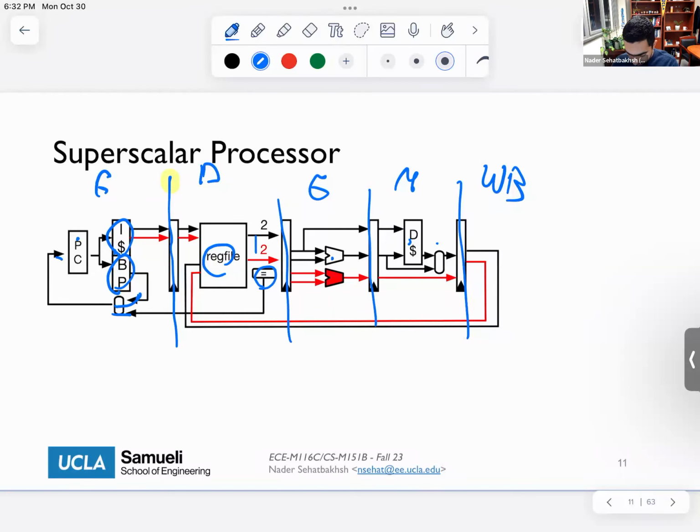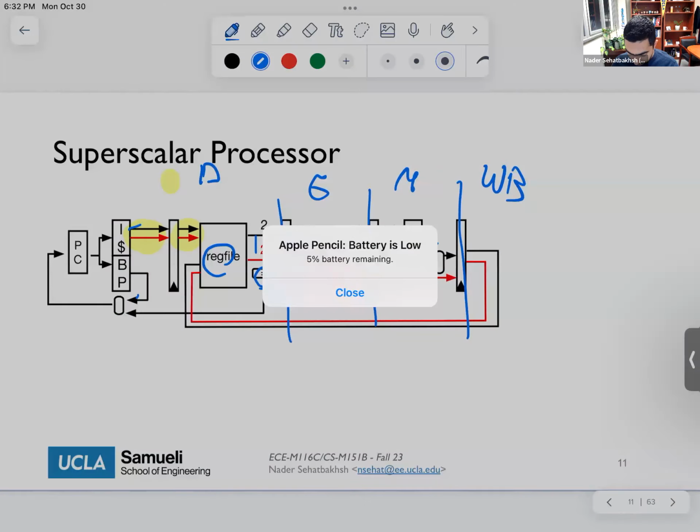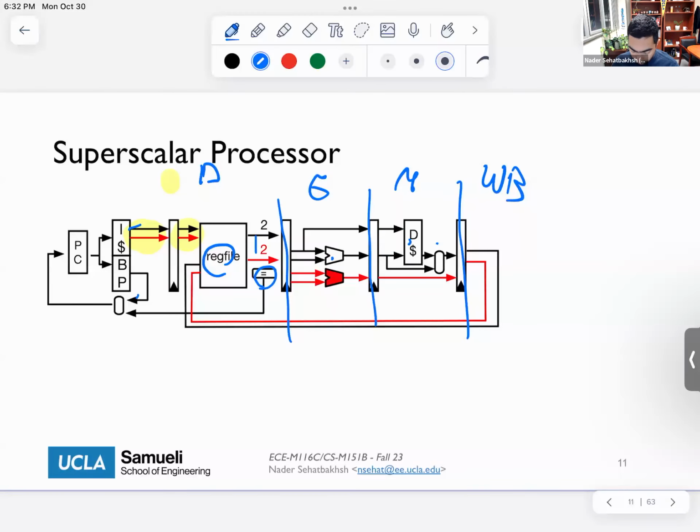Okay, so for example, the very first thing I need to do is fetch two instructions at the same time. So I'm fetching two instructions at the same time by adding two lines out of my instruction memory, right? And then these two instructions now go to the register file, and as you can see, my register file is actually getting two sets of RS.